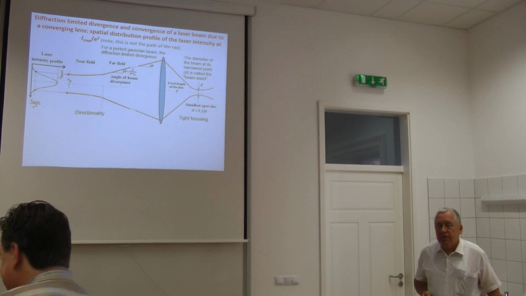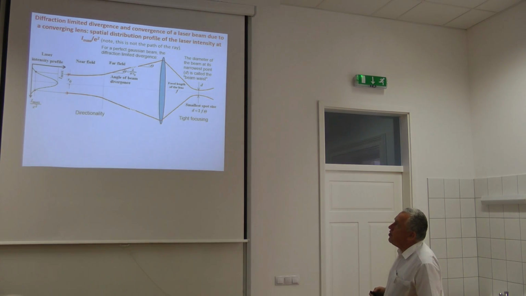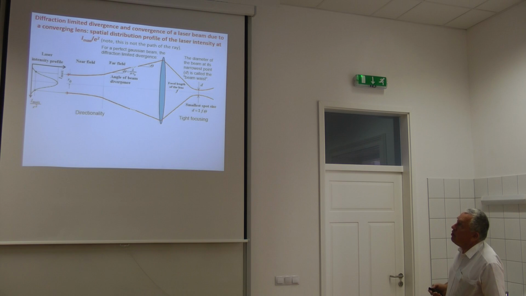The next question will also be from the basics of physics: how diffraction will limit the divergence and the convergence of the laser light. Let's consider a laser intensity profile, which in first approximation can be considered a Gaussian type curve.